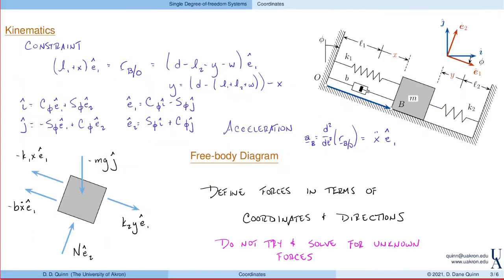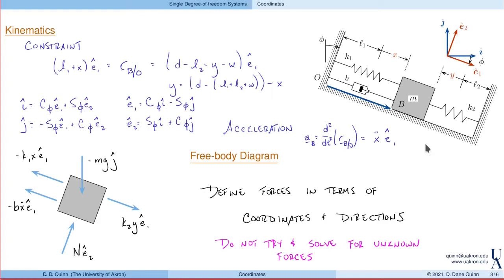Let's go back and look at that picture again. If we think about what would influence the static position of this block, one of those things is the geometry, right? The unstretched length of the springs, the width of the block, the width of this whole channel. That geometry would come into essentially where this block would come to rest.